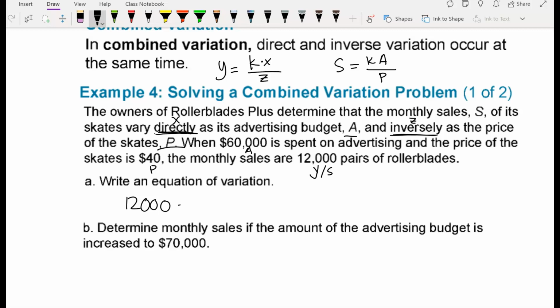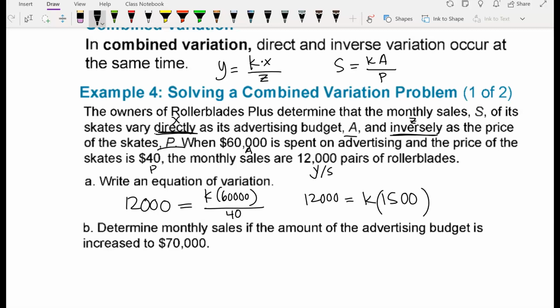All right, so 12,000 equals K times A, so 60,000 divided by 40. So 60,000 divided by 40 is 1,500.